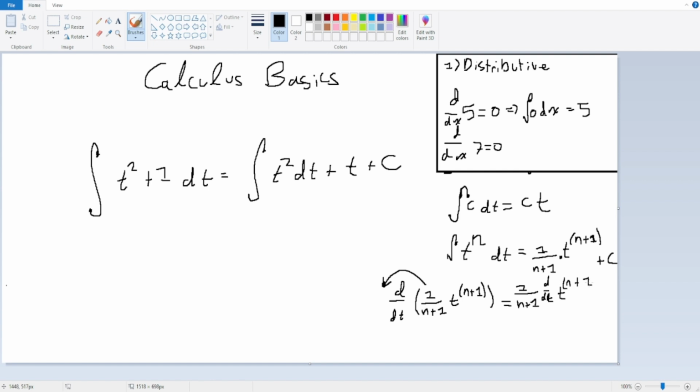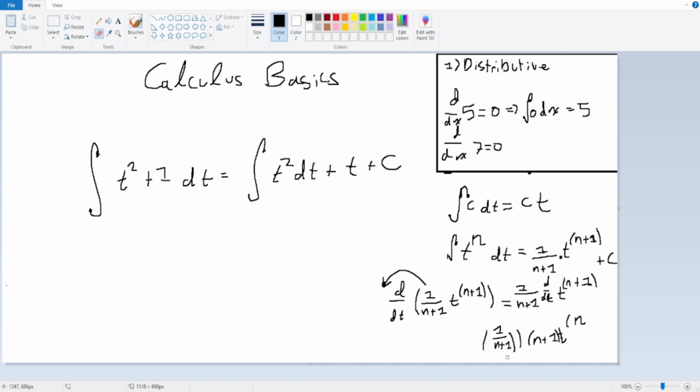So let's do the power rule on t to the power of n plus 1. Remember, we just bring down the exponent, times it by the parameter, and then bring the exponent down by 1. So we have n plus 1 times t to the power of n. But remember, we already took out this 1 over n plus 1, and this is all being multiplied.